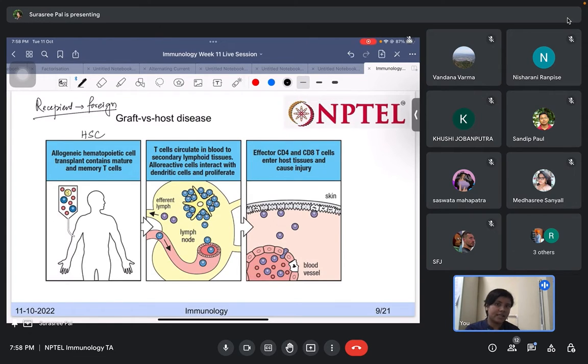Because even if there is MHC matching, the minor H antigens can be present, which can cause these kind of graft-versus-host diseases. Is that okay? Any questions?